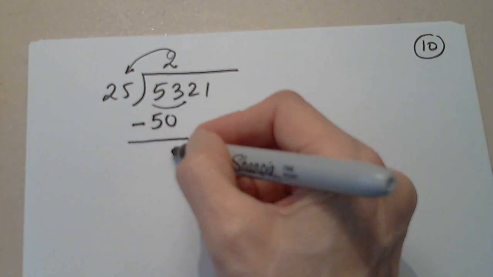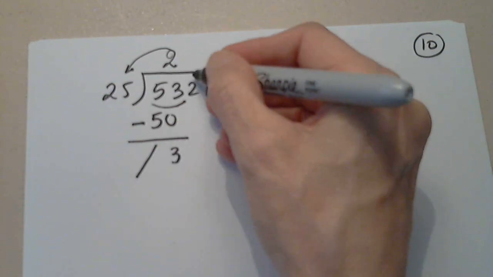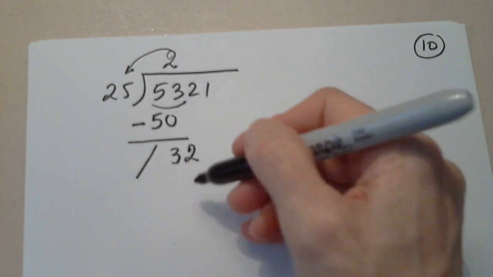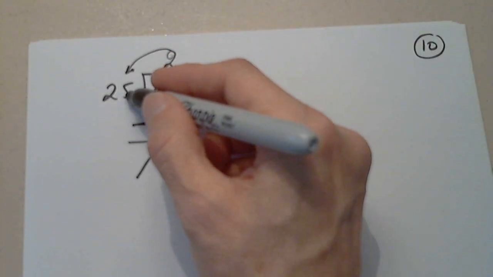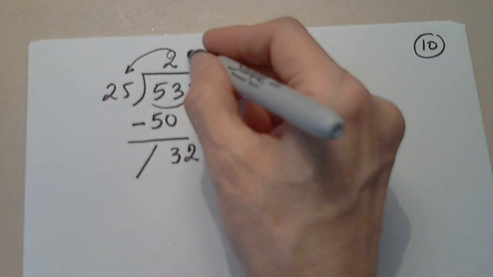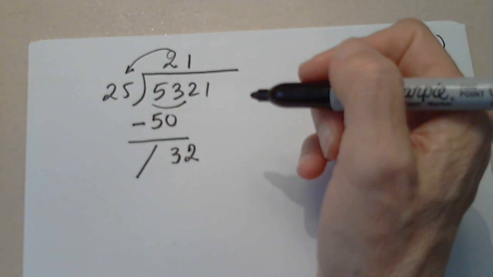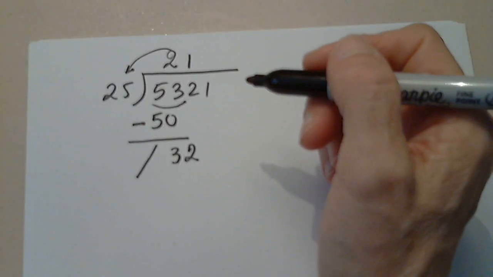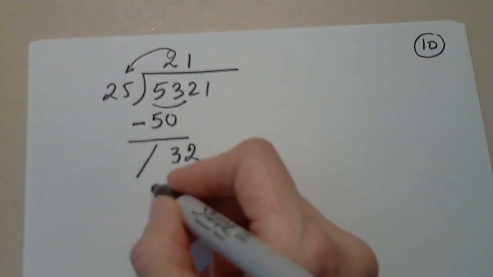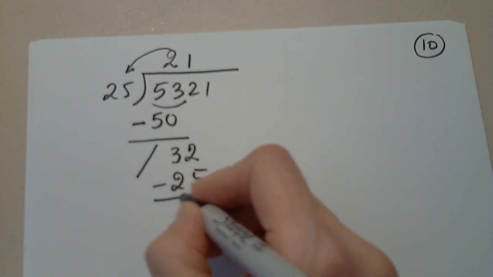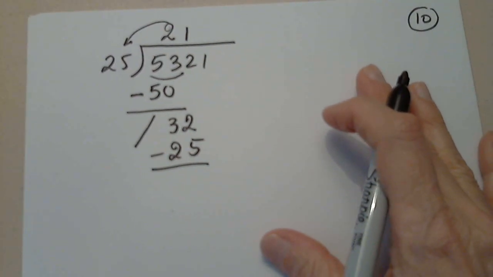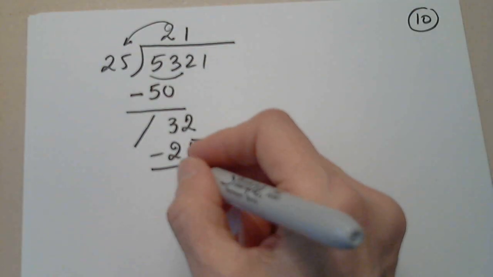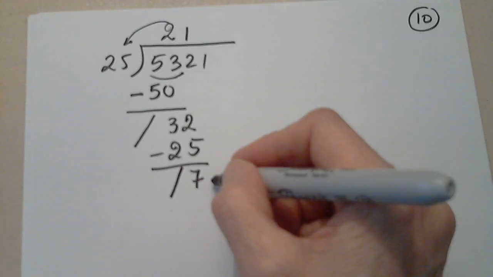I bring down the next in line. I perform the operations I see, and then I bring down the next in line. 25 goes into 32 once. I go back and I distribute. 1 times 25 is not negative 25, but I have to change the sign because I have to subtract. I perform the operations I see, and I get a 7 and nothing else, and I bring down the last in line.